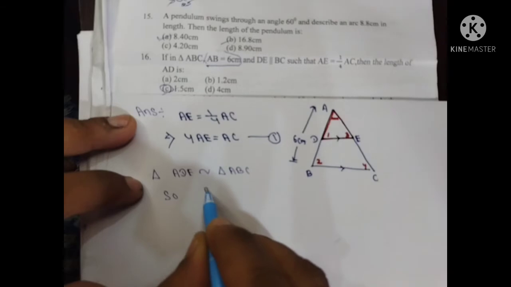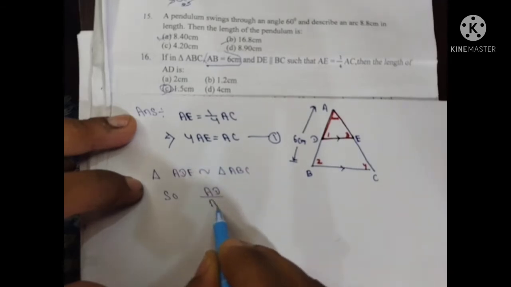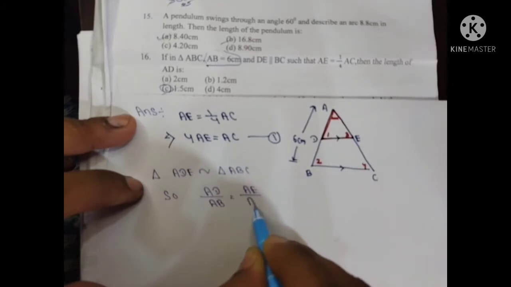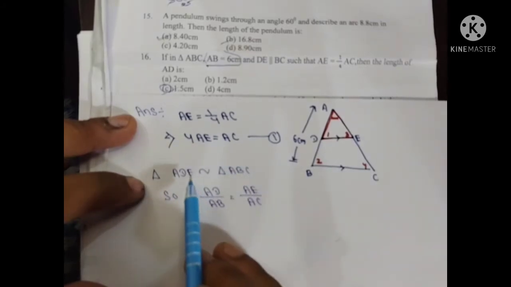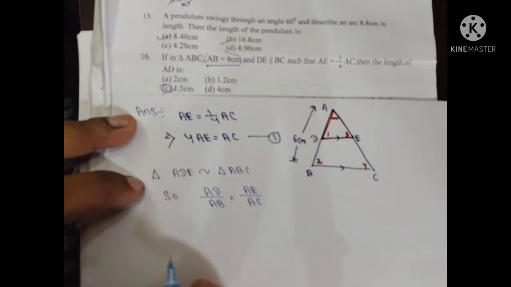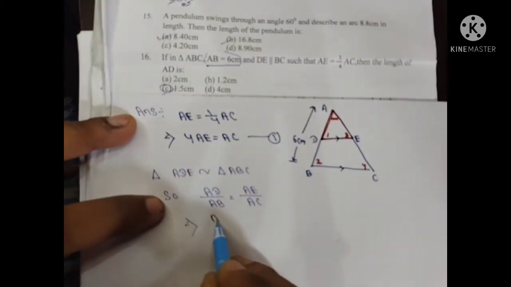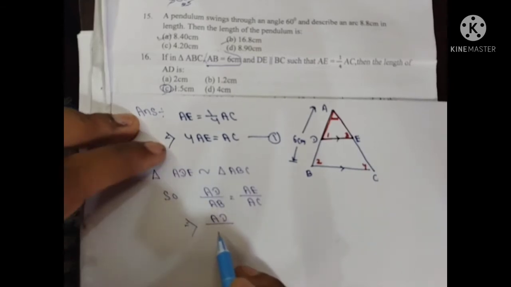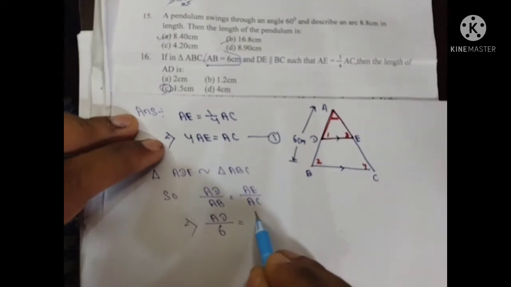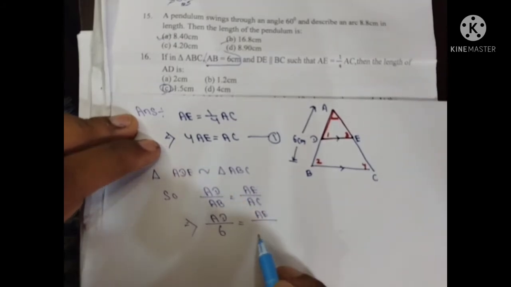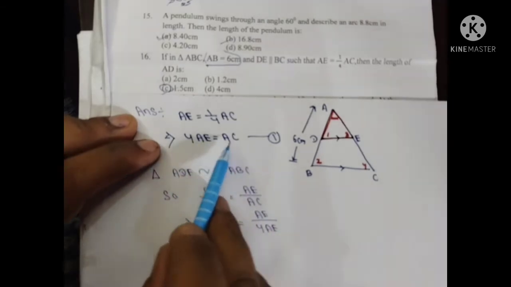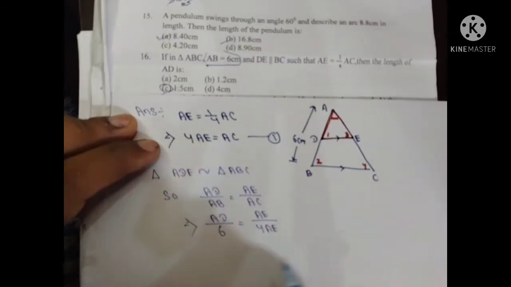So AD by AB is equal to AE by AC, because we know that when two triangles are similar, their sides are proportional. So that implies that AD by AB, the length of AB is 6, is equal to AE by 4AE. Why? Because from equation 1 you can see AC is equal to 4AE.